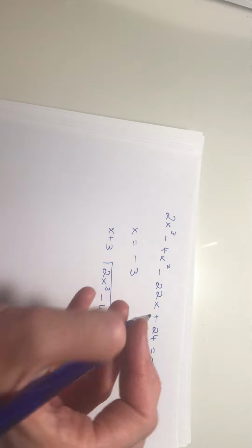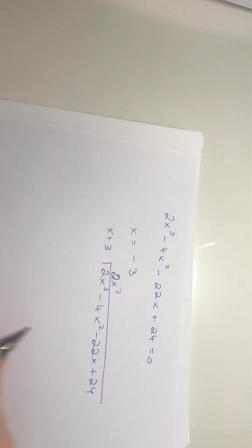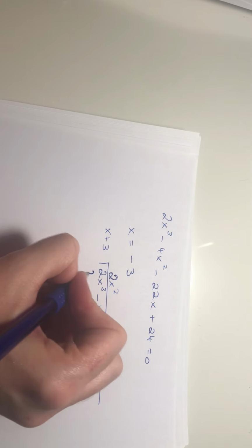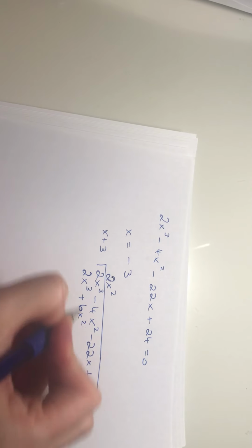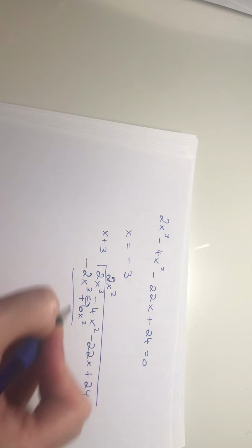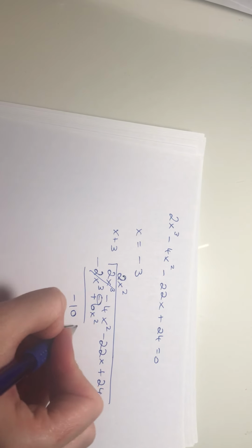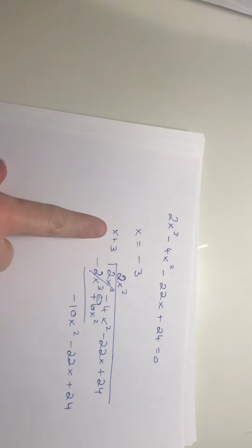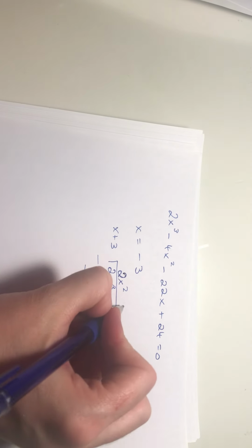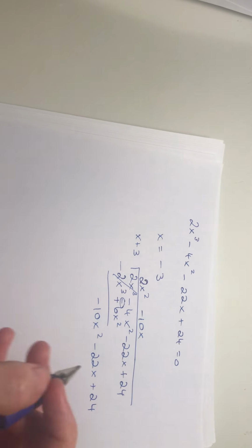X multiplied by what gives me a 2x cubed, 2x squared. Take it to the side, work it out if you need to, and subtract. What do I multiply that by to give me that? Minus 10x.